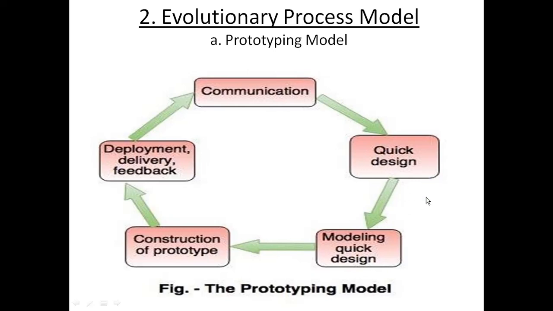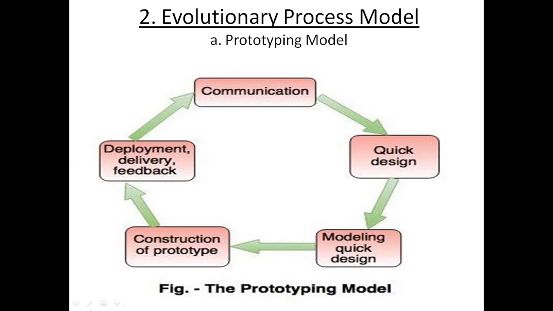Here in quick design we include system architecture, whereas in modeling quick design we include the UML diagrams as well. Then we construct the prototype, and according to that prototype, that is the system architecture, we deliver and deploy the developed product.